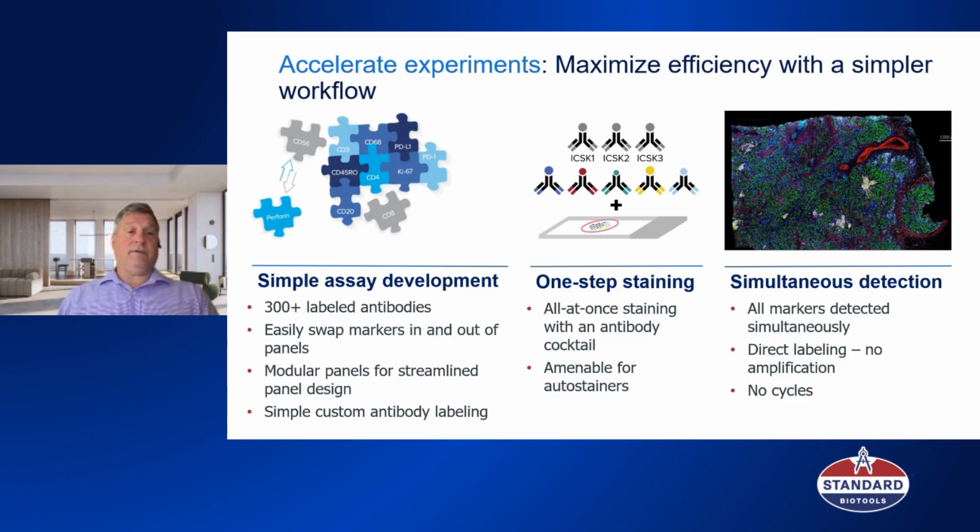We have them in panels, we have them individually. You can easily swap markers in and out. But what's probably really important for all this is there's a simple custom antibody labeling step. So if you have a clone that's particularly important to your experiment, you can just label that with a metal, throw it in your panel. It's a one-step staining and one-step imaging, so you don't have to waste precious samples post-Xenium to validate whether this works or not.